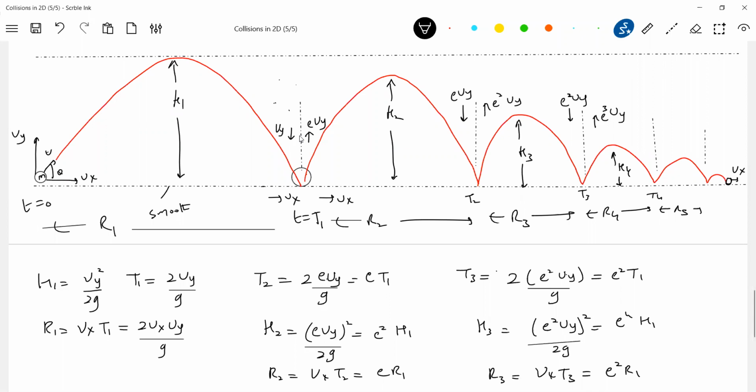Look at the height ascended, it keeps on decreasing. So the vertical component Uy will keep on decreasing, while the horizontal component just remains the same. There is no change in the horizontal component, because there's no friction. So this is the final.